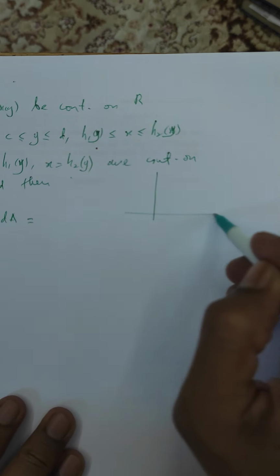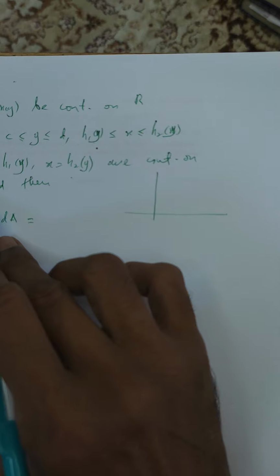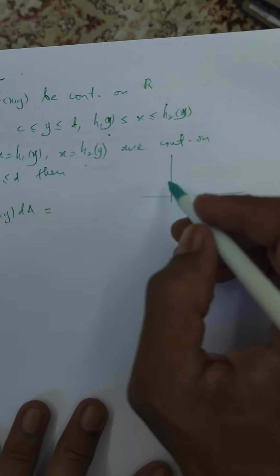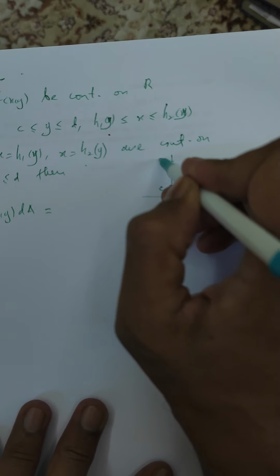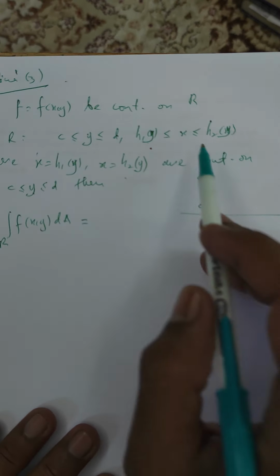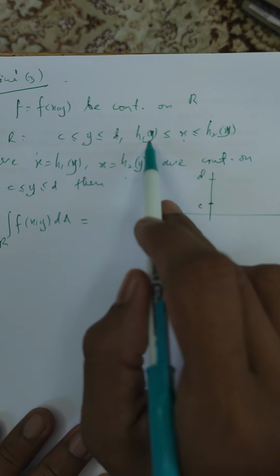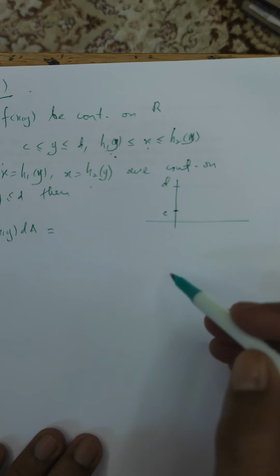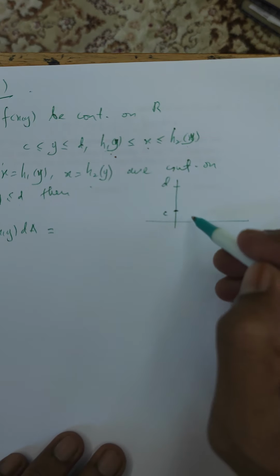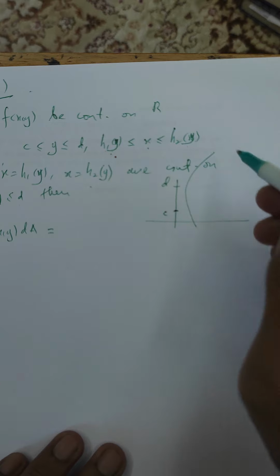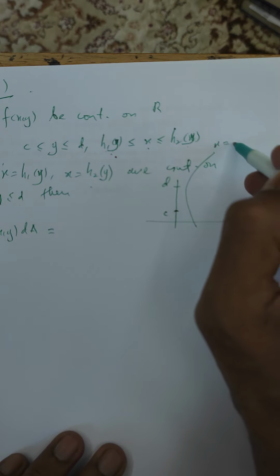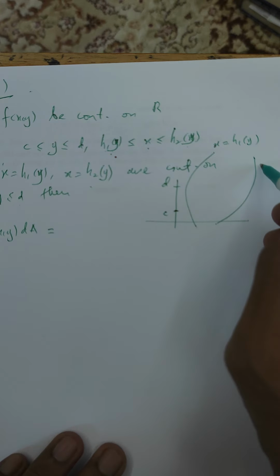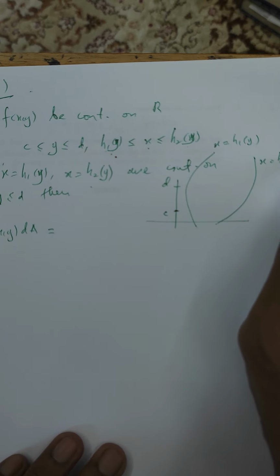We sketch a little bit. So we have y from C to D, and our x between two functions h1(y) and h2(y). So let's say x equal to h1(y) is something like this, and another one is x equal to h2(y).